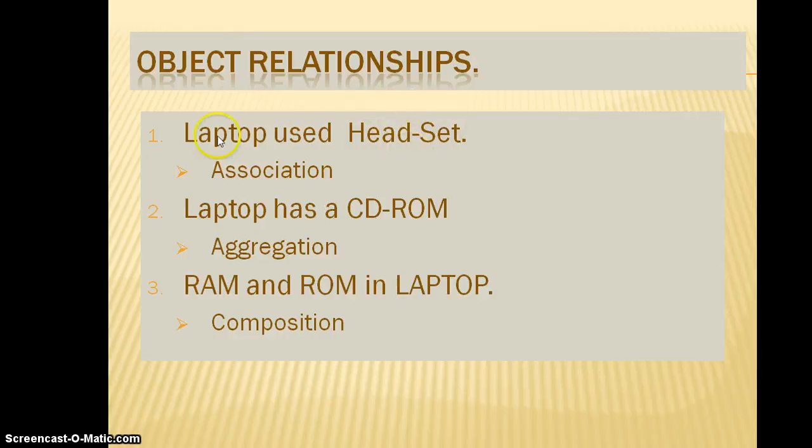Headset can exist without laptop and laptop can exist without headset. So they are associated with each other. The name of the association specifies the nature of relationship between objects. This is represented by a relationship which is associated.